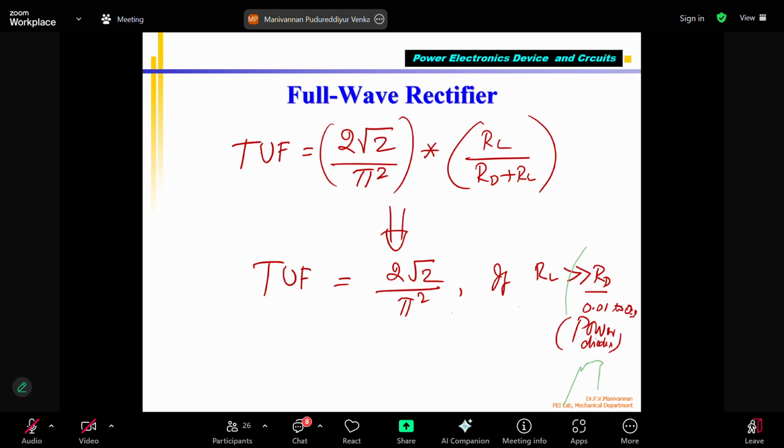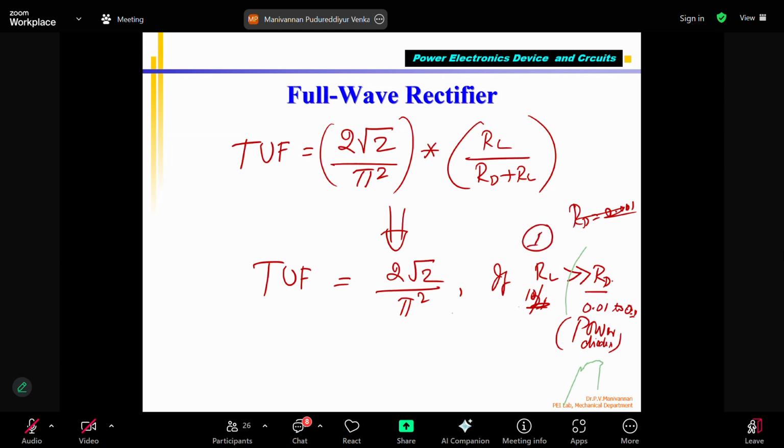And if the current is very high, for example 200 amps, 300 amps, RD can be even 0.001 ohm, in milliohms. Otherwise, if RD is bigger, a lot of power will be dissipated in the diode resistance. But generally it will be in the order of 0.01. Most power diodes have 20 amps, 30 amps current rating, very high, so it can be less. So if this is less, my load resistance equals, for example, 10 ohms or 1 ohm. For understanding, say the load is 1 ohm. The point, what is the ratio?